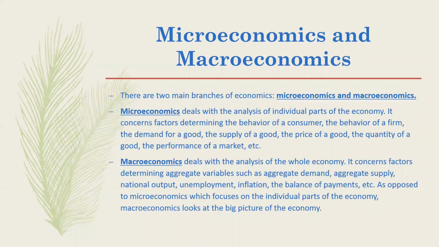The factors like aggregates, we're going to concentrate on all of the totals, all that is happening in the economy, as opposed to micro that only looks at individual parts of the economy. And macro looks at the bigger picture of the economy. So this is just food for thought. Sometimes in the exam, they may ask you to differentiate between micro and macroeconomics. Very simple 4 marks that you can get in that exam and in your multiple choice as well.